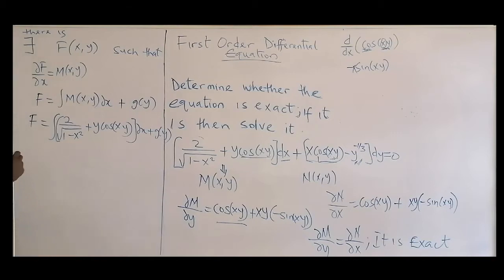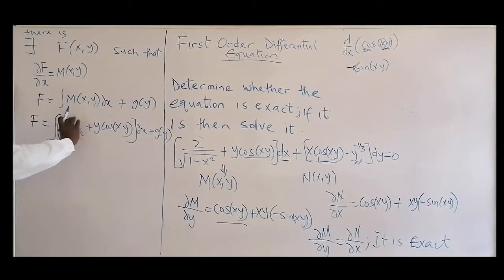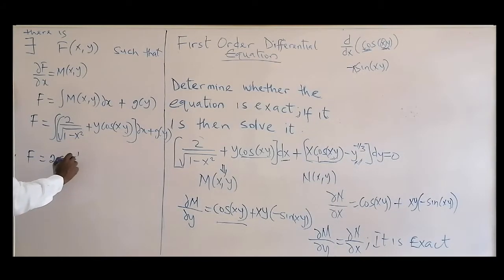So this will be equal to the integral of this with respect to x. Okay, let's do that. This is the sum of functions, so it will be the integral of each of those functions. This one, the 2 can be outside. Then you have 1 over this, which is 2 arcsine x. Okay?